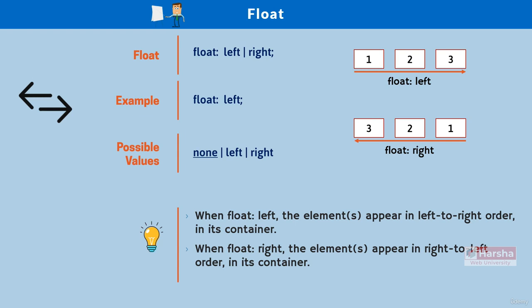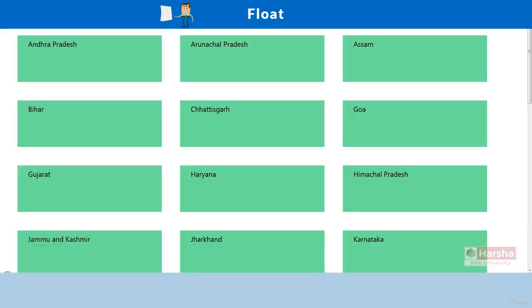Assume you have multiple boxes, that may be list of cities or list of countries or list of students or list of employees of your organization, and you want to display their names side by side. In this case, you will use the float property, either float left or float right. So in the codes project, I want to display the list of states of India side by side as shown in the screen.